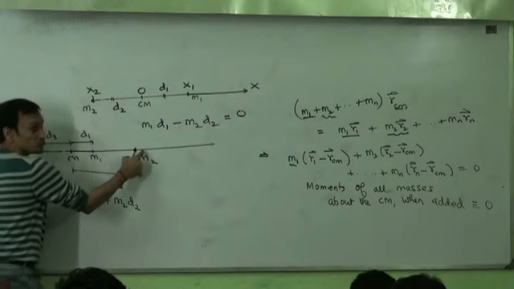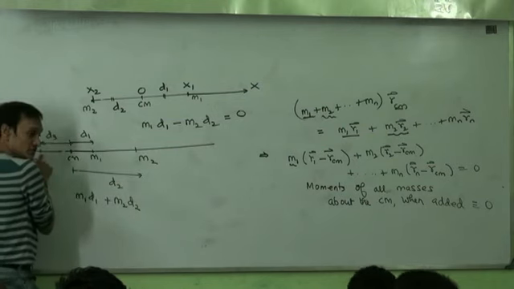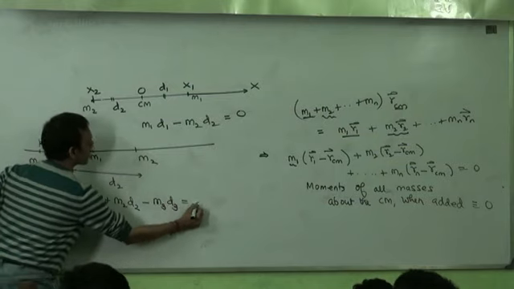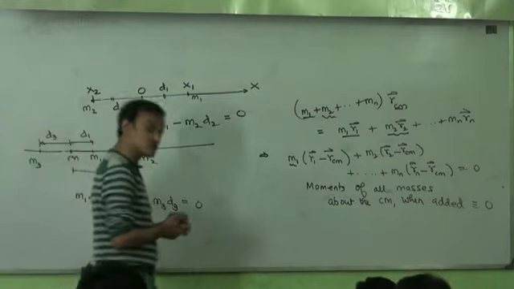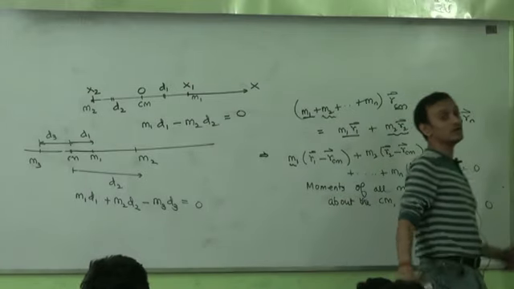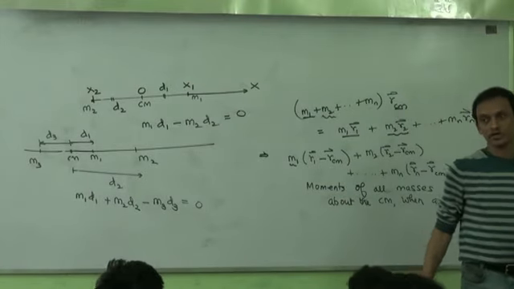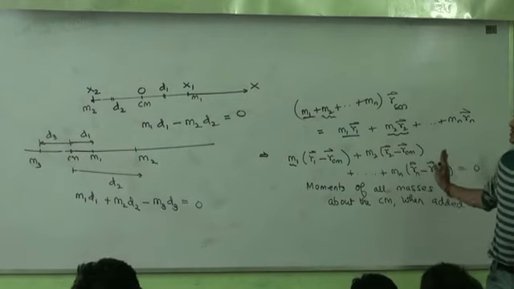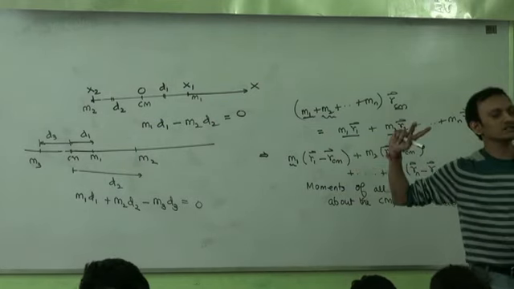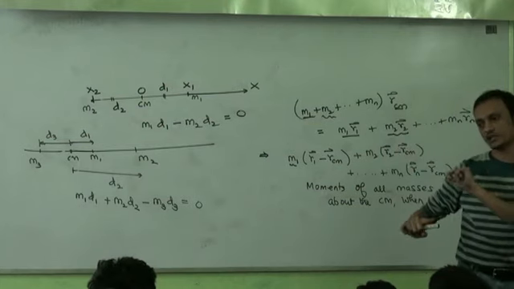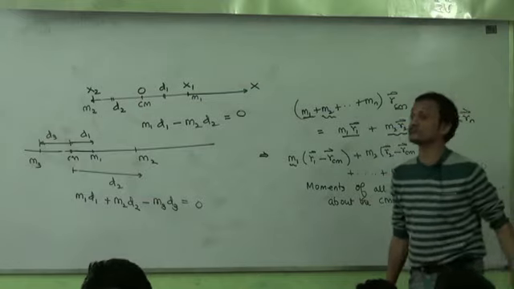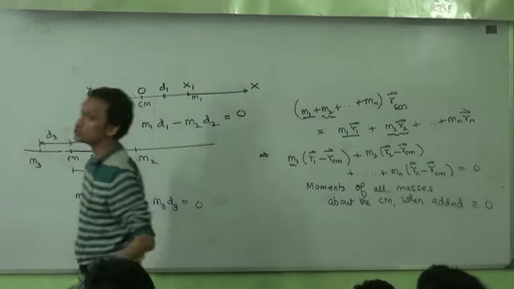If these produce positive moments, then this will produce a negative moment, minus m3 d3. That must be zero. The algebraic sum of the moments about the center of mass must always be zero. It's your choice whether you want positive moments to be produced by these particles or those particles. The only thing is they must produce moments of opposite signs. Clear? And the algebraic sum of the moments about the center of mass must necessarily be zero.